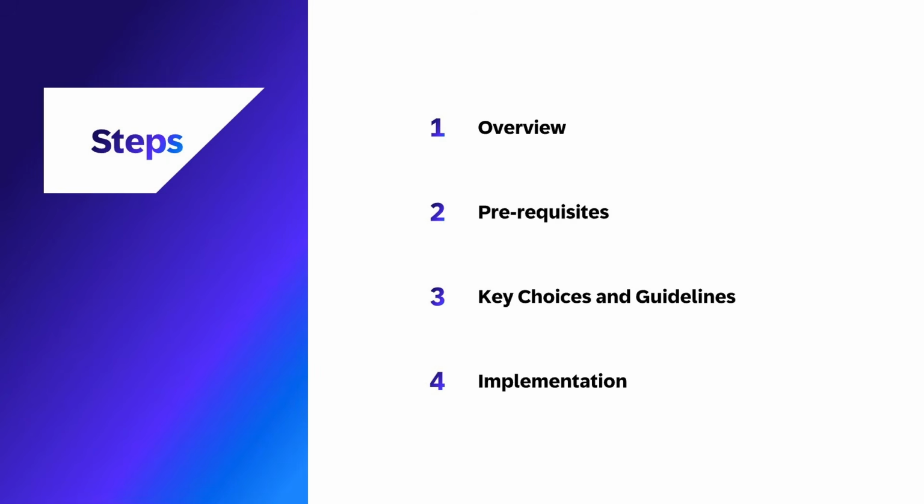First, we'll provide an overview of what vector-based Retrieval Augmented Generation is, its components, and the key benefits of this technique. Second, we'll cover the essential prerequisites you will need to have in place, both commercial and technical, before implementing a vector-based RAG approach in your generative AI scenarios.